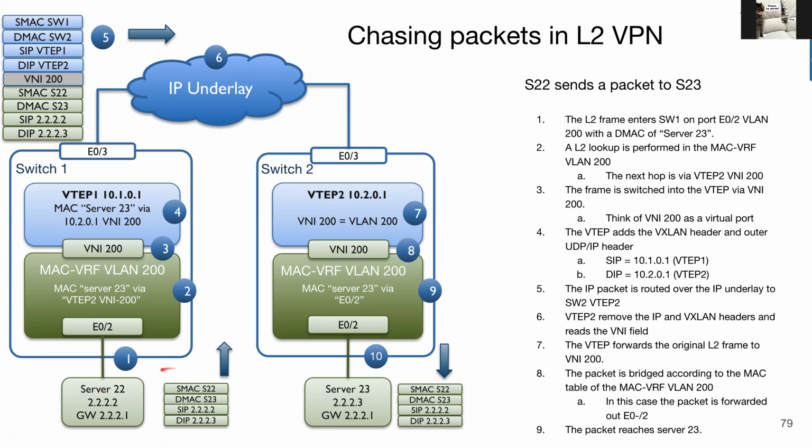So what is this going to look like using EVPN in the control plane? When server 22 first pings server 23 at 22.23, and notice that we are in the same VLAN 200, so we don't need to worry about any sort of routing.